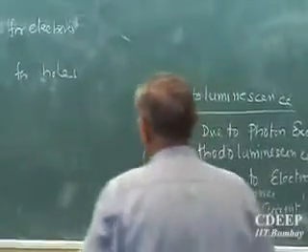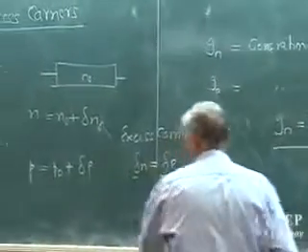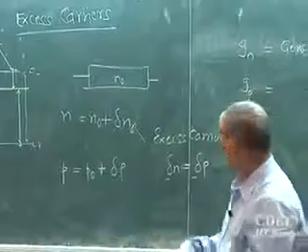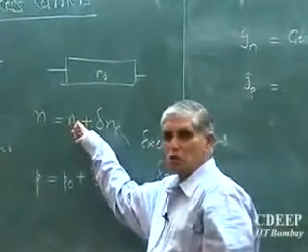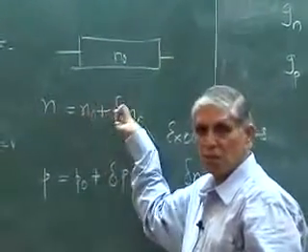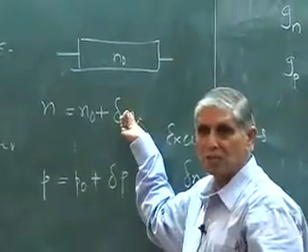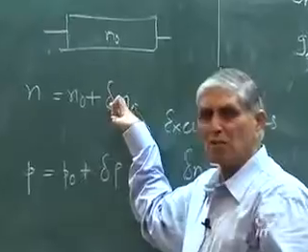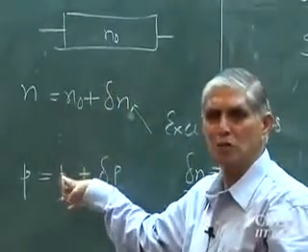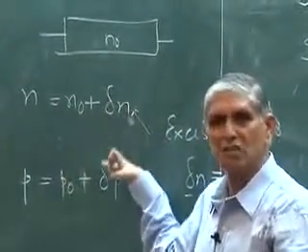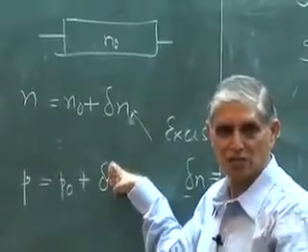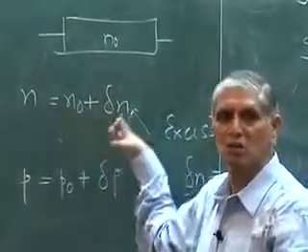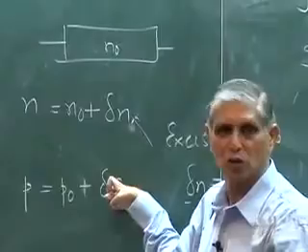Now our first assumption in solving is, why did I put this delta? What does that mean? Compared to n0, this number is smaller. If this number is larger, n0 and p0 will not have any influence, they themselves will decide the carrier concentration. If delta n is twice n0 or thrice n0, it is that number which you are going to talk about.